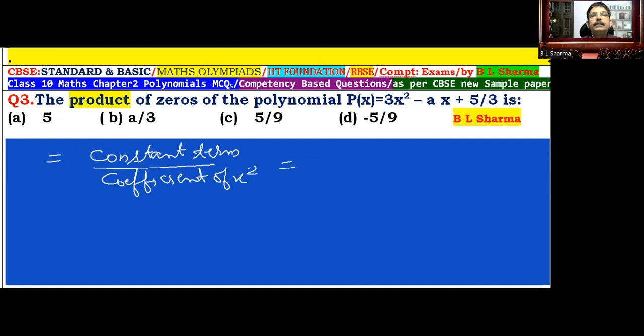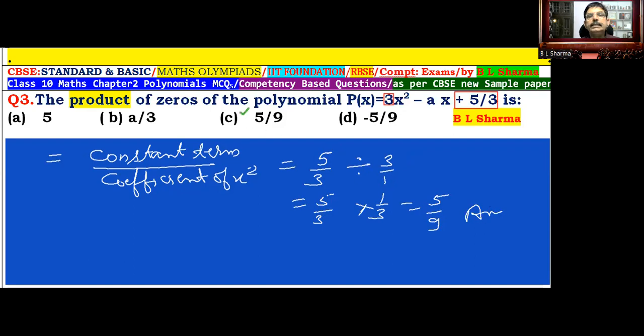Here the constant term is 5 by 3, and the coefficient of x square is 3. So we can write 5 by 3 divided by 3, so 5 by 3 into 1 upon 3. So 5 by 9 is the answer. So C is the correct option, that is 5 by 9.